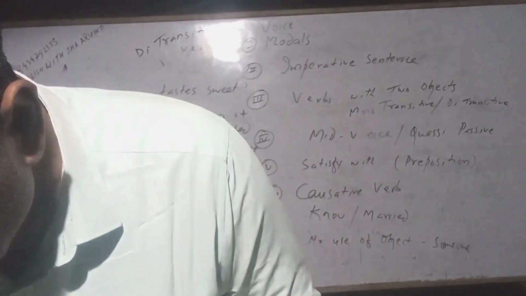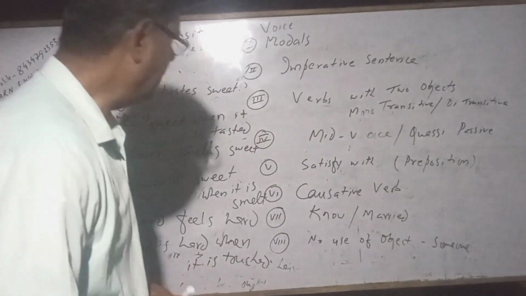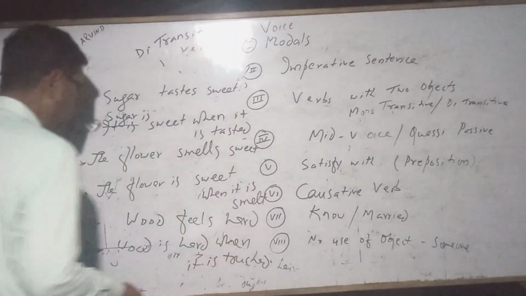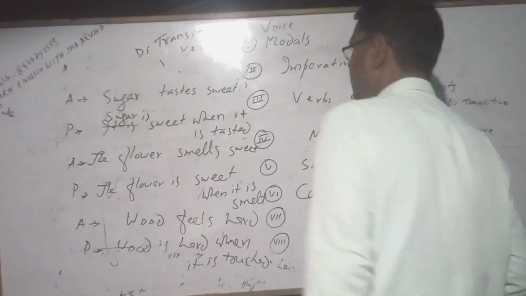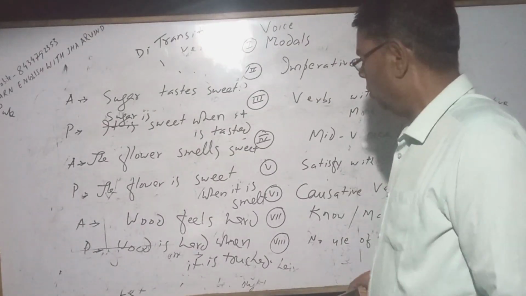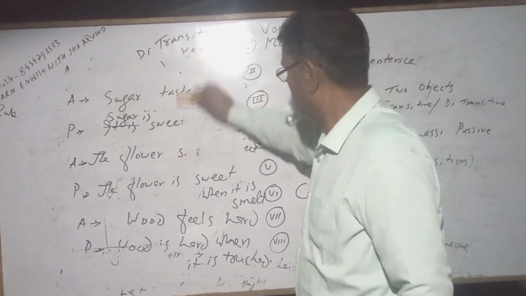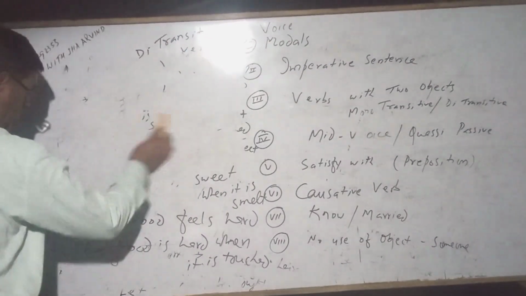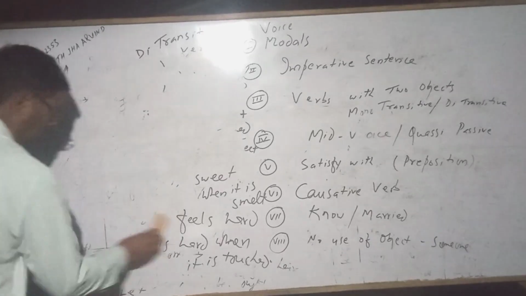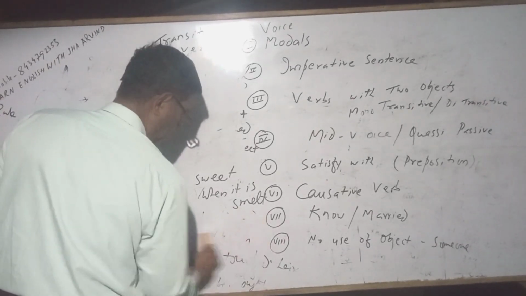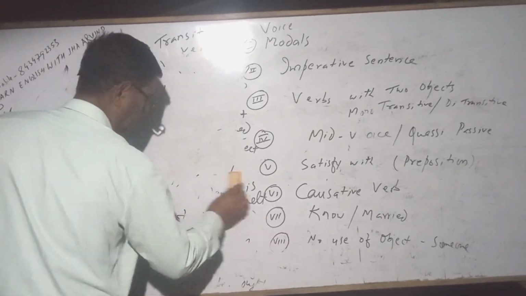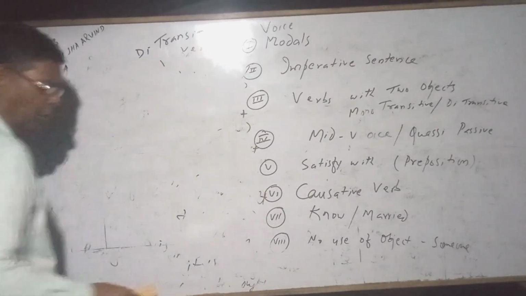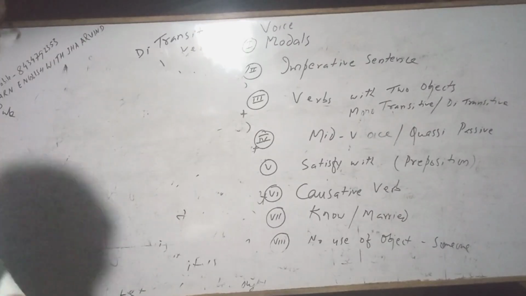Okay, so here I would like to give you some more sentences. Okay, look here, it is here. If you want to write it, you can write it. Now how will you change some sentences? These sentences are forming passive voice, but it is entirely different.